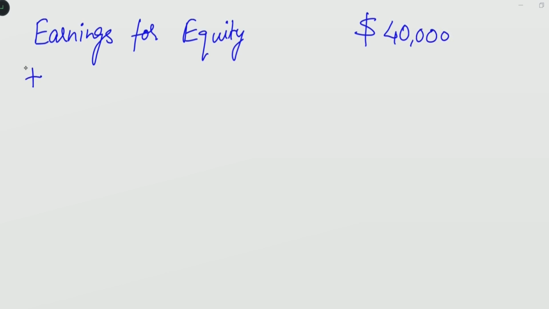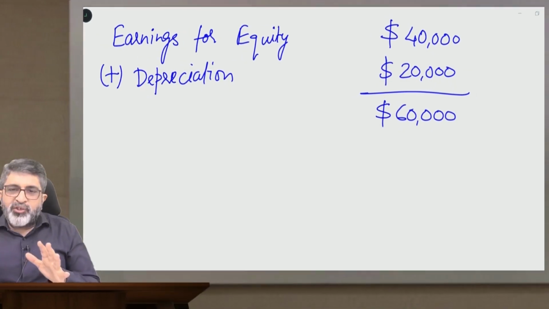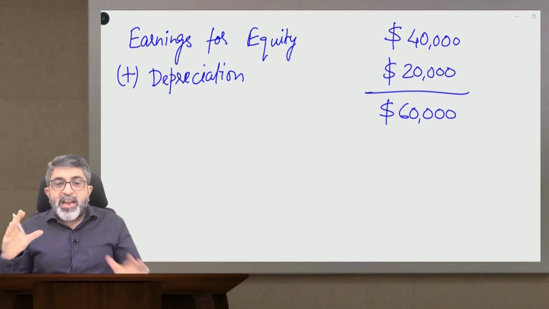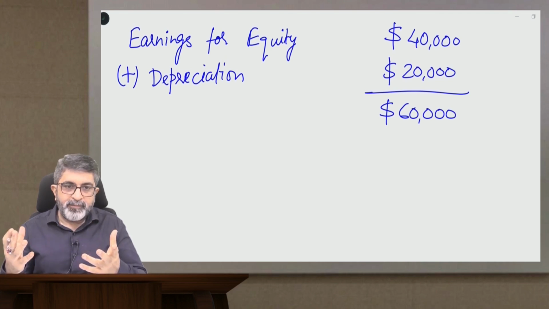To this you have added back depreciation, and that was $20,000. So now you have $60,000 in hand, which we were about to declare as a free cash flow to equity.